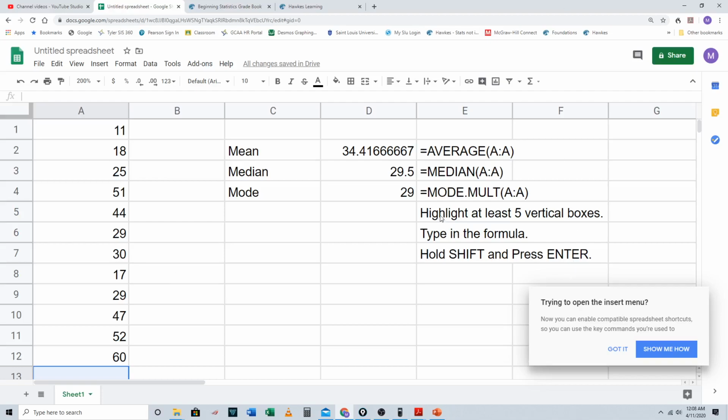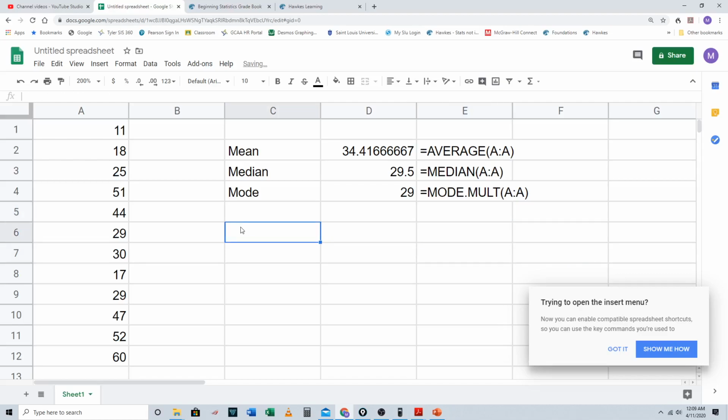So I'm going to delete this right here because I need room. Hopefully you wrote all that down from 3.1a, 3.1, not 1. So we are going to do 2 different standard deviations and 2 different variances. Okay, so we're going to start with population.